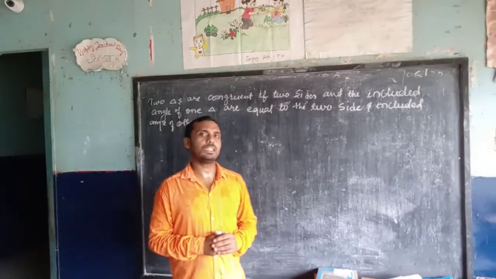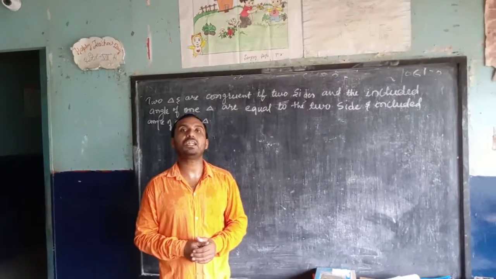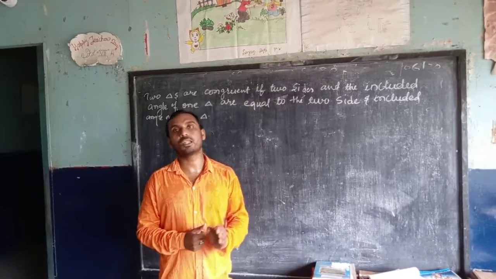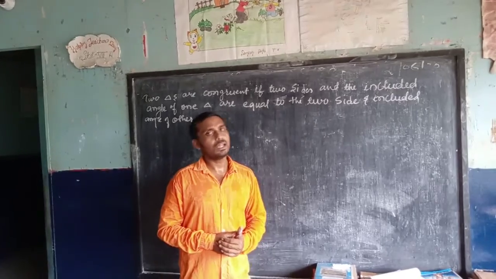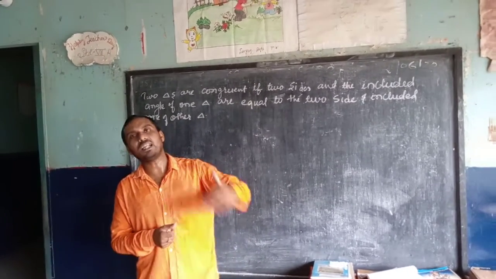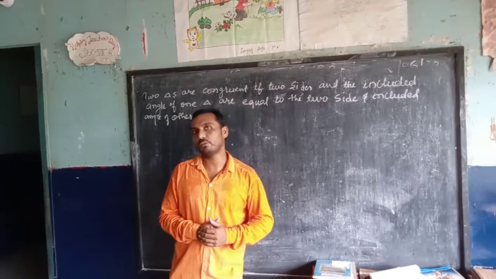in mathematics, figures are said to be congruent if they have equal lengths and the measurements of the corresponding angles are equal. Let us take an example different from mathematics. You might have seen twin brothers.